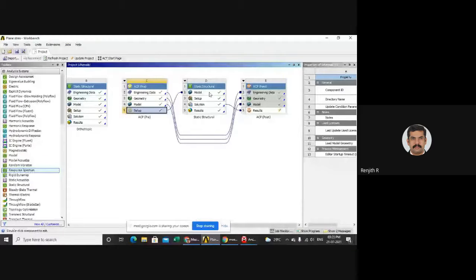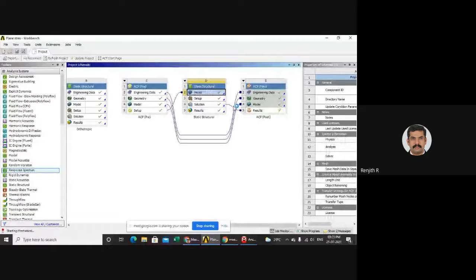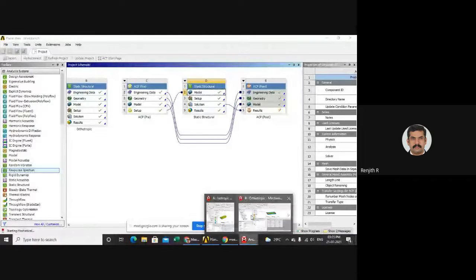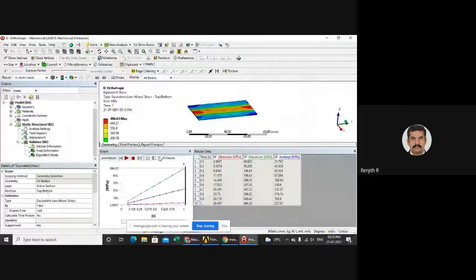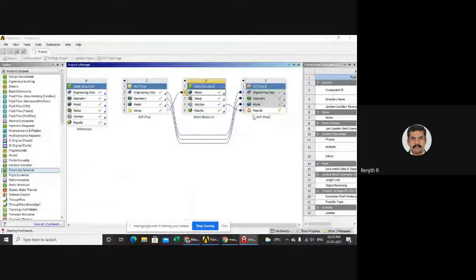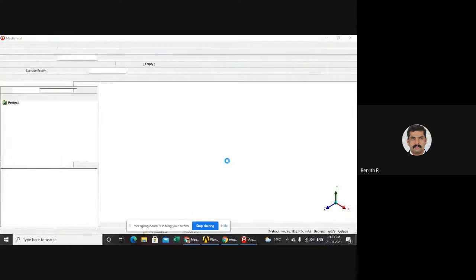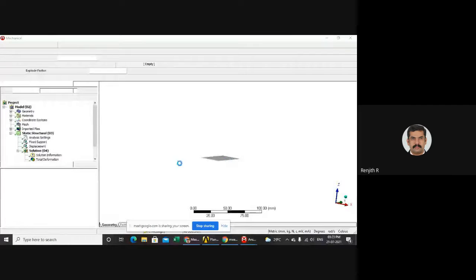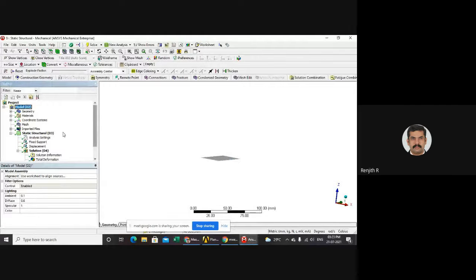Then after that, if you open the model, this is the actual Workbench, and it will give you the same interface as the previous analysis. You will get the same interface, but the difference is that you can see an imported ply section here.